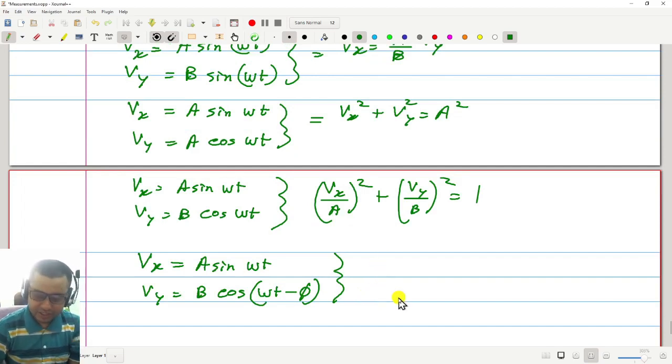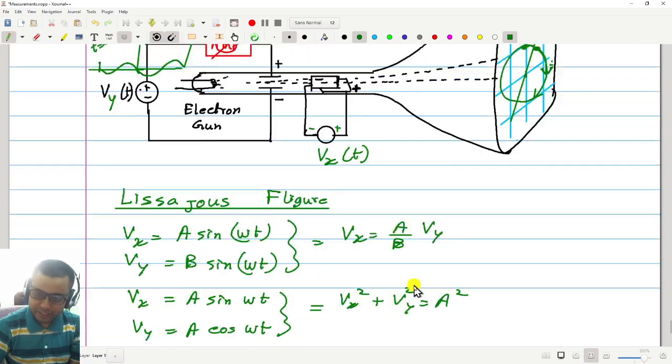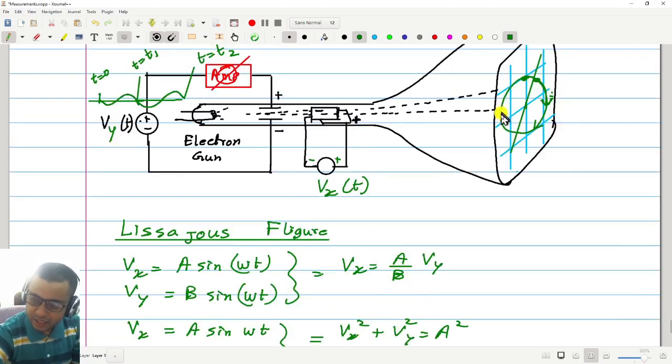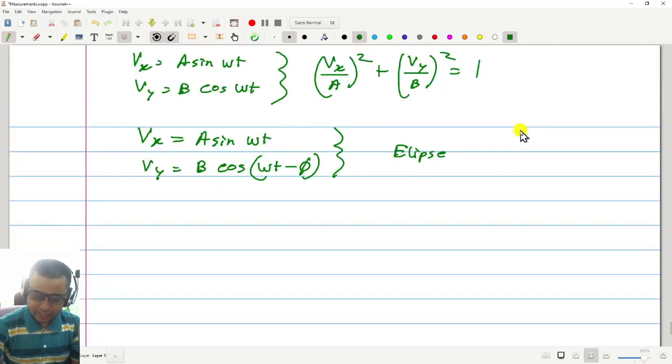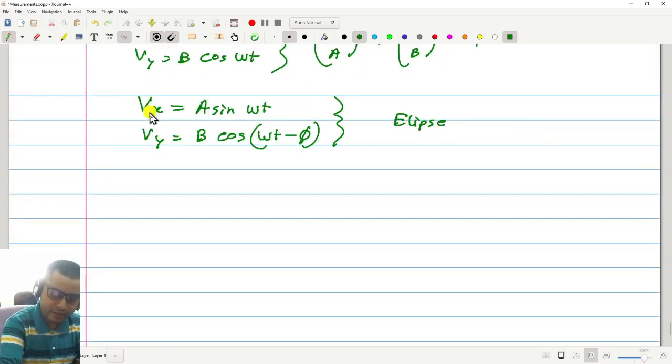So this is also an ellipse. What will be different is that the axis will be tilted, I think. Absolutely right. So in one case the ellipse may be like this, in another case the ellipse may be like this. So the axis will be tilted. Okay. Very good.